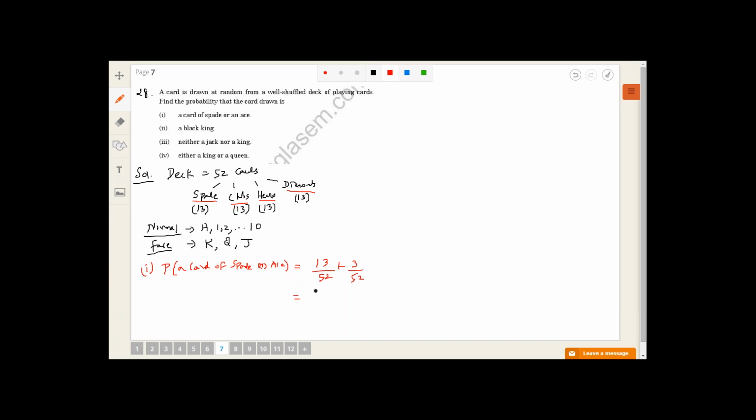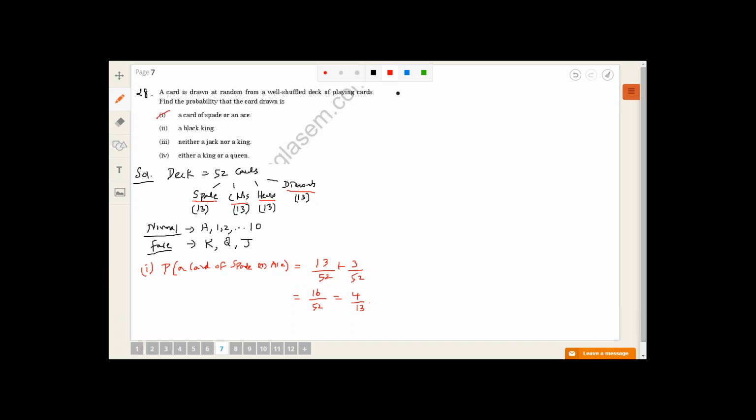So it will be 16 by 52, which is 4 by 13. So first part of the problem is done.